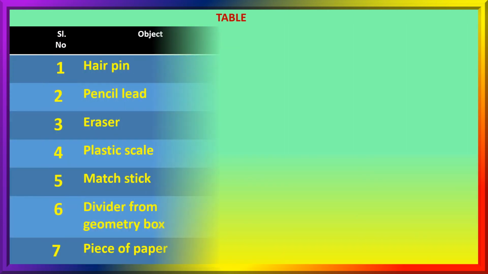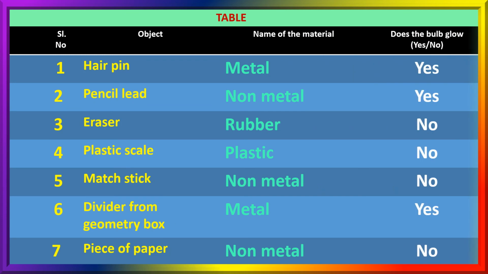Here I have listed all our observations in this table. You can see here when a hairpin is connected between the gap between A and B, the name of the material is metal, and in that case the bulb glows.